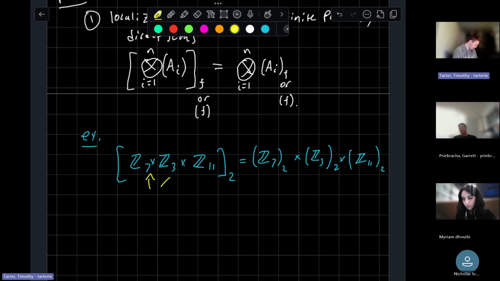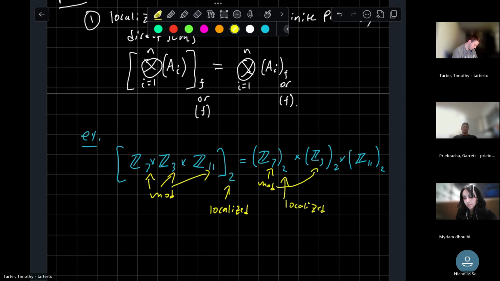And I'm just going to denote that these mean mod, and this means localized, and this means mod, and this means localized. And I know that this is terribly obfuscated notation, but bear with me.